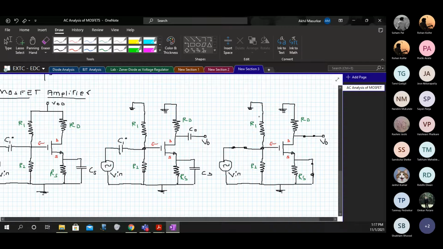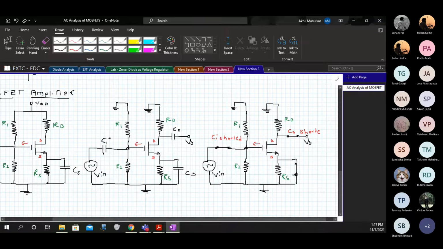So you can write here, just for reference, Ci shorted. Here you have C0 shorted, and here you have CS shorted.